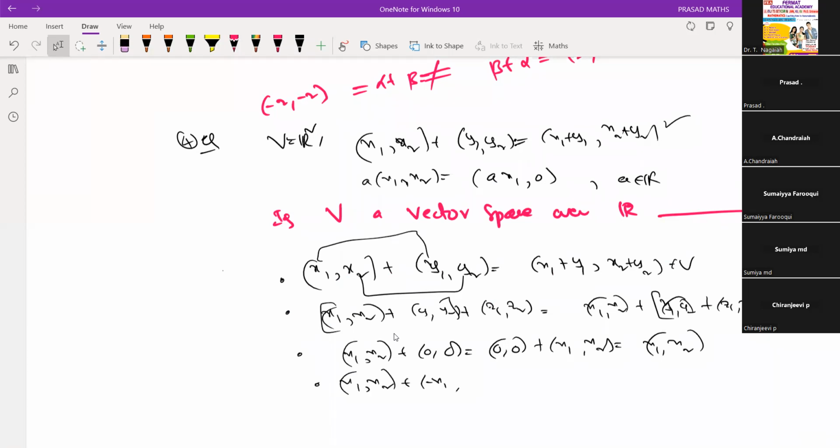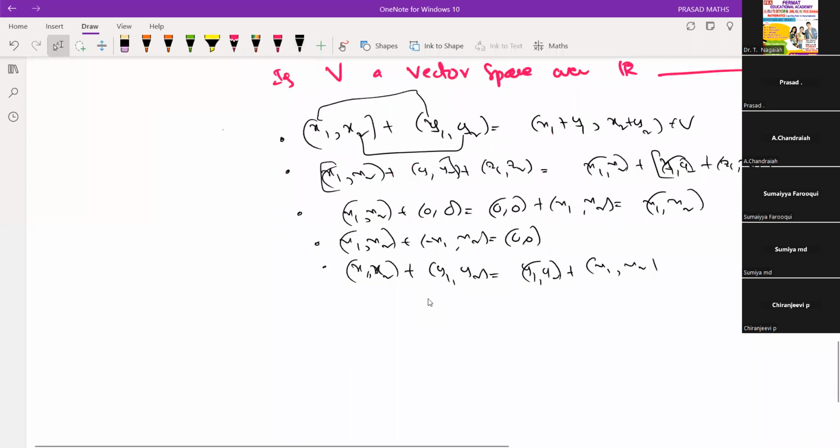It's an inverse. Of course, it is an abelian group, no doubt, because it's component-wise addition. So there is no problem with the first property, since it's an abelian group.